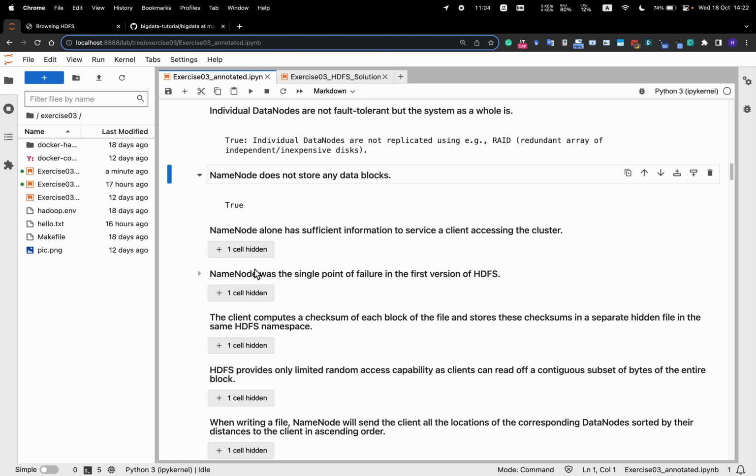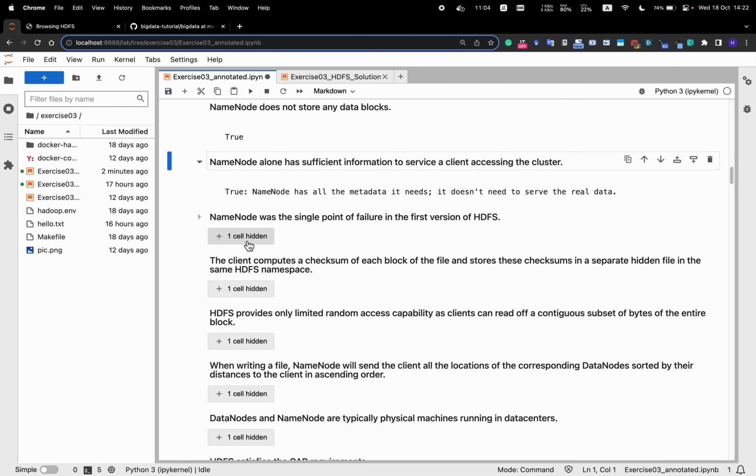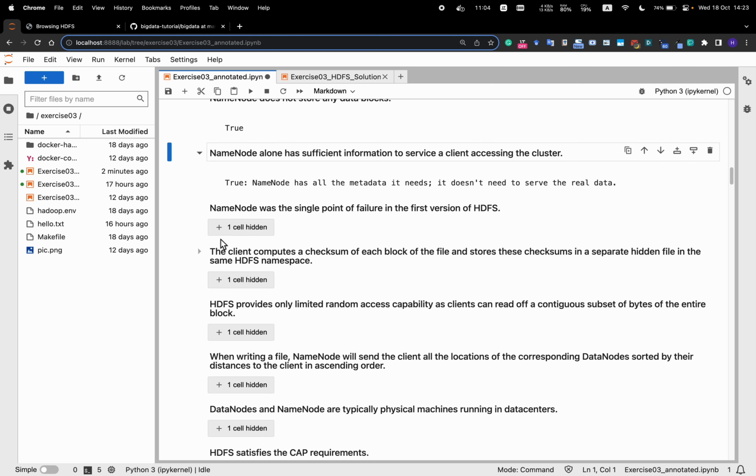I think this was an ambiguous question from last year. But the key idea is that the name node contains all the metadata, the hierarchy, the namespace of the file system, so it can answer theoretically any queries from the user. But for real data transfer, writing and reading, we still need the data nodes to participate in this process.